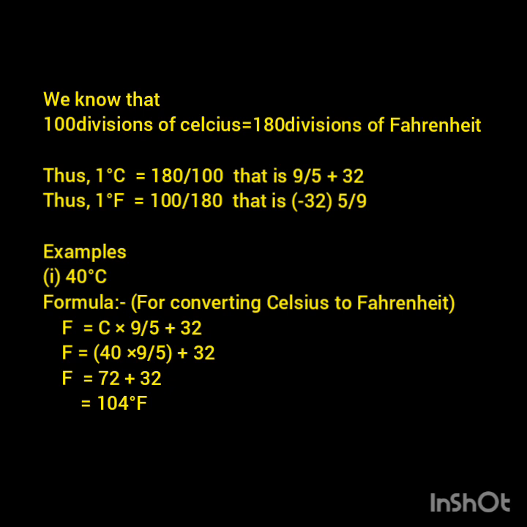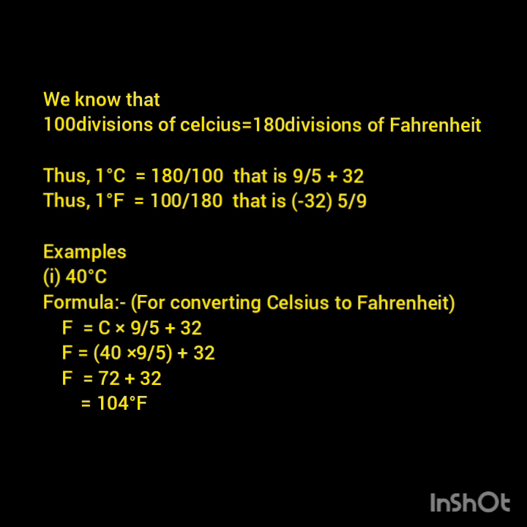The starting point of the Celsius scale is 0 degrees Celsius and of the Fahrenheit scale is 32 degrees Fahrenheit. So, when we are converting a temperature value from degrees Celsius to degrees Fahrenheit, the formula is F is equal to C into 9 by 5 plus 32.